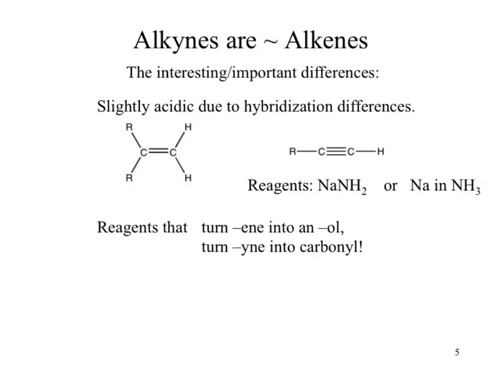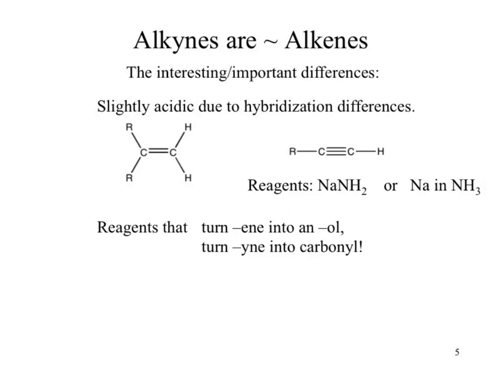There are lots of other reagents or addition reagents that we could use with alkenes. There are slight variations on what can happen when you react with the alkyne. If you were going to try and convert an alkene into an alcohol, so go from the -ene to the -ol ending, we have a variety of reagents we could throw in there.